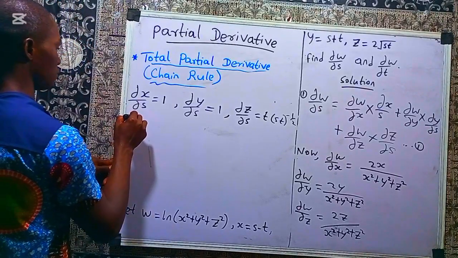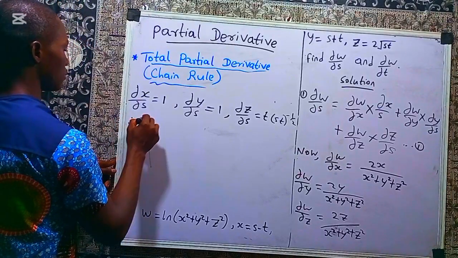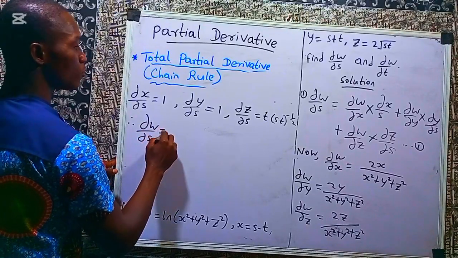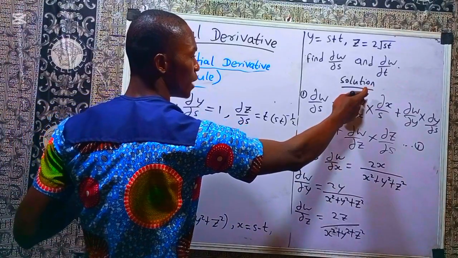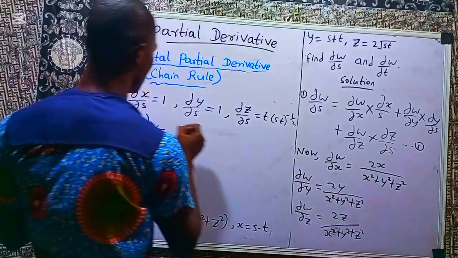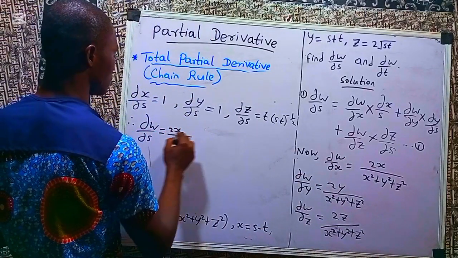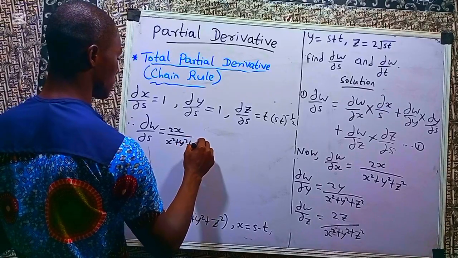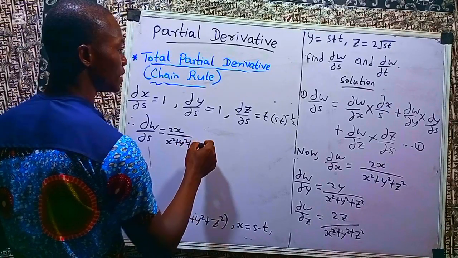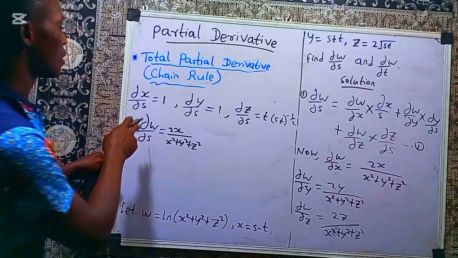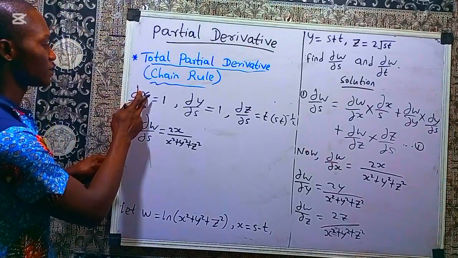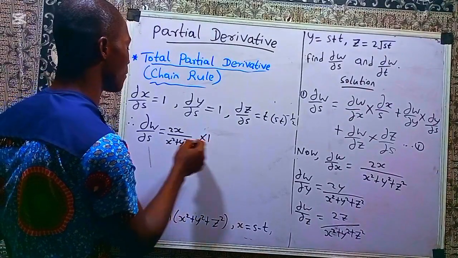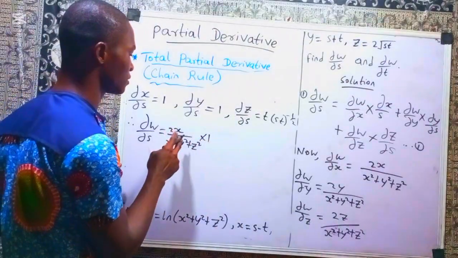Therefore, partial w partial s will be equal to: partial w partial x gave us 2x over x squared plus y squared plus z squared, multiplied by partial x partial s, which gave us 1. So if you multiply by 1, you will just have this quantity left.